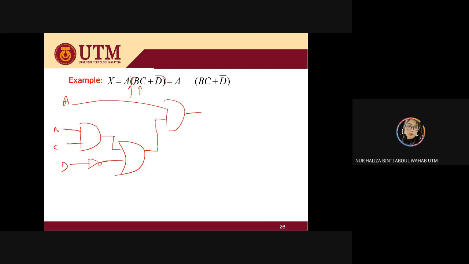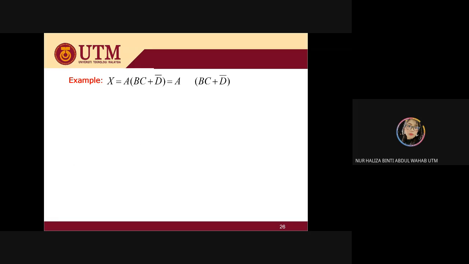So this is the way you can follow otherwise. And in this slide also, it gives you an example. You can make each one a single input. This one is an AND gate between each other. So here you have B, C plus D bar.